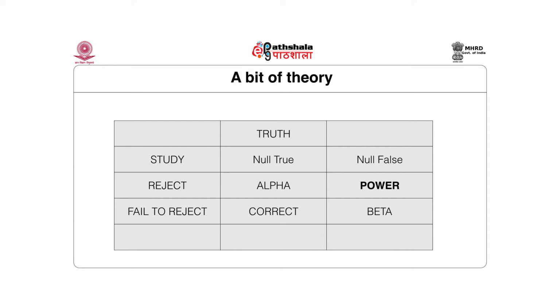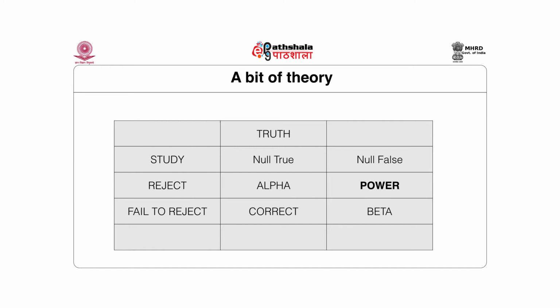Pitted against this is another situation where you're going to commit another mistake. That is, you fail to reject your null, whereas the null should have been rejected, which is type 2 error. And typically, this is put at around 10 to 20%, which then means that the situation where you have successfully rejected the null tells you how powerful your study is.